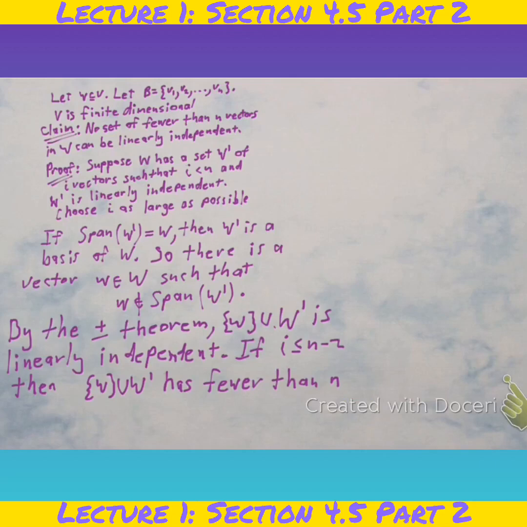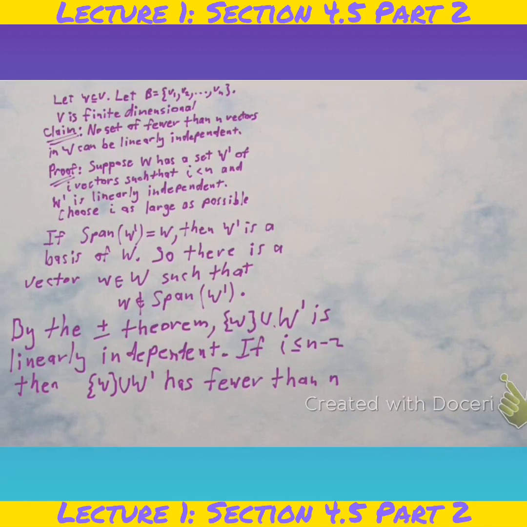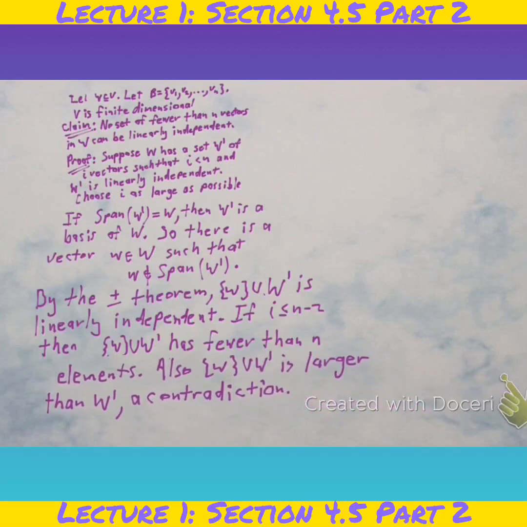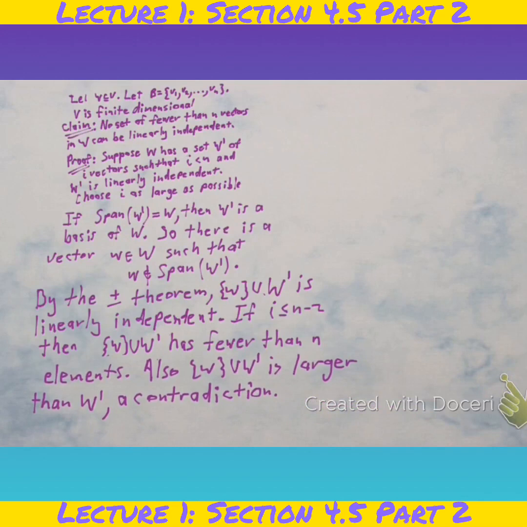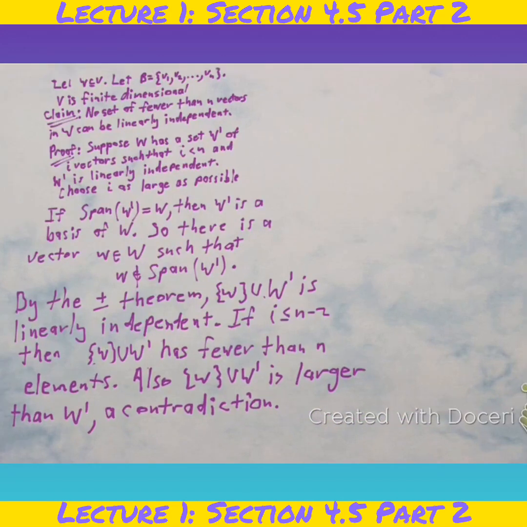Now, if this i is less than or equal to n minus 2, then this set here is going to have fewer than n vectors. Alright, so it's got fewer than n elements, and also W prime with w added is going to be larger than W prime, and it's a contradiction.